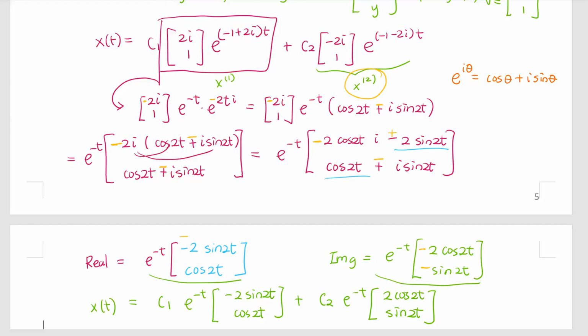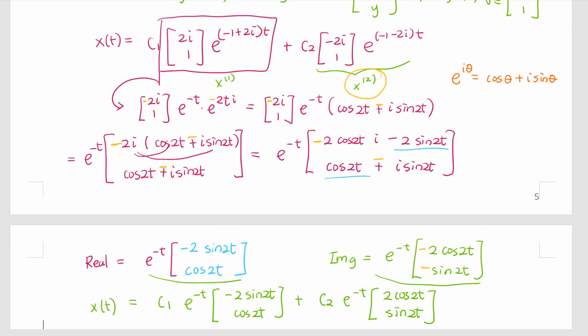Oh, and don't forget here, because minus becomes plus, but there's an i and an i here. So i and i multiplied together give us an extra minus, so actually this guy is minus. So when we look at the real parts, we have the same real parts. That makes sense because for complex conjugates, the real part should be the same. It's the imaginary part where we flip the sign. So you can see the second solution is also generated by those two solutions.